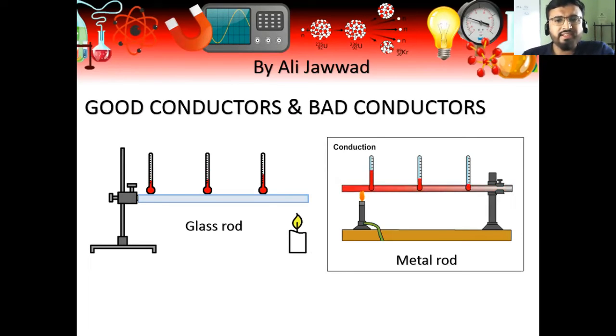So we can say that the metal rod is a good conductor while the glass rod is not a good conductor. There should be a difference between them, and that difference is because of metallic character.